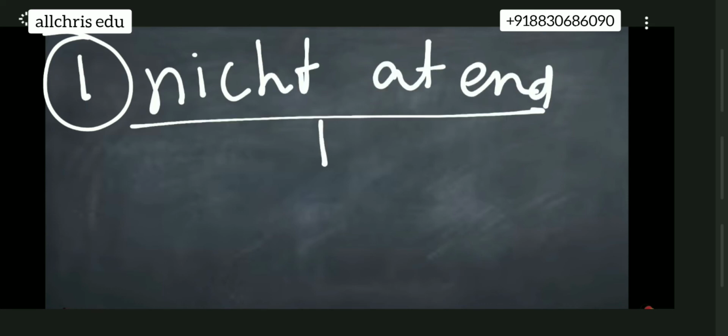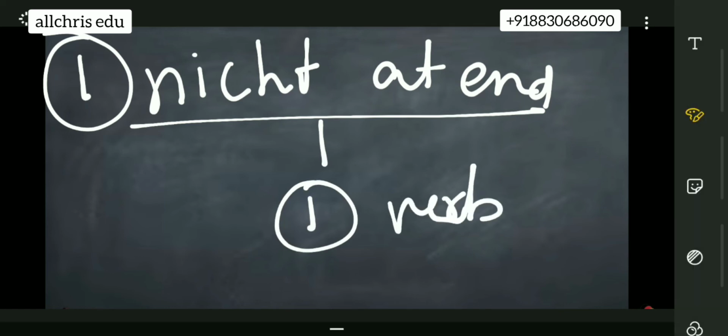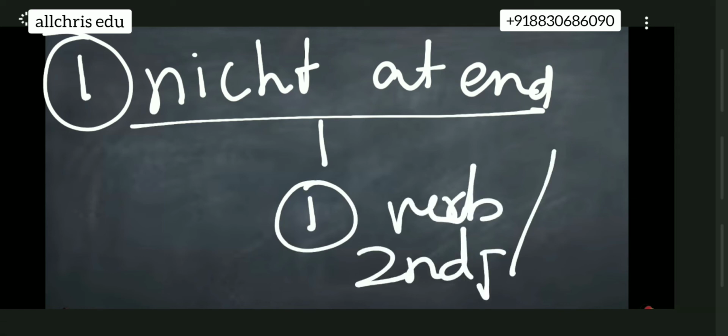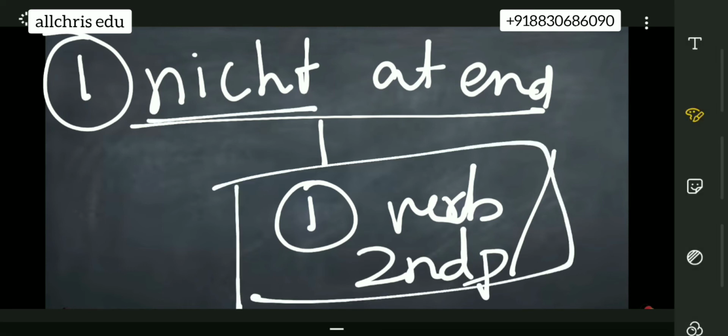Now the next form. I have taught you the first form: nicht will be at the end when there is only one verb in a sentence, children, and that verb is in the second position. Only in this condition you put the nicht word at the end.